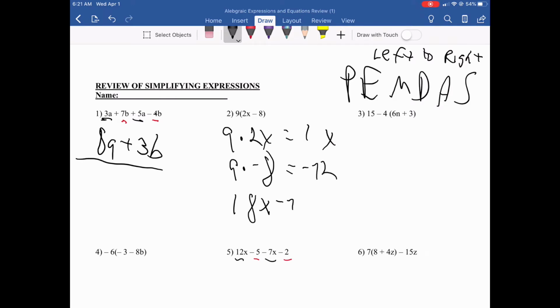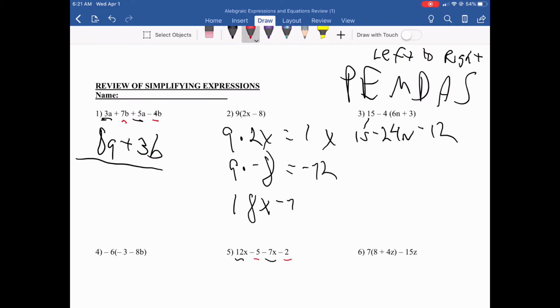So we're going to put 15 down because there are no like terms for 15 in order of operations. So this is going to be the last anyway. Negative 4 times 6n equals negative 24n. Negative 4 times 3 equals negative 12.